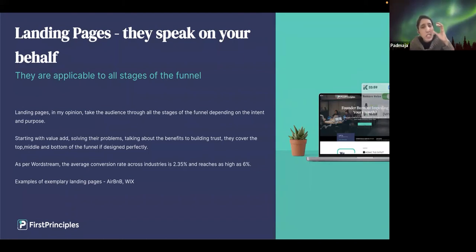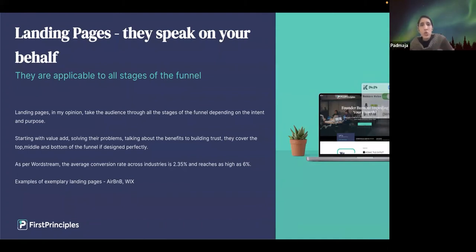The average conversion rate for landing pages, if you design it well and it answers all the questions, is about 2 to 3% and goes up as high as 6% on a lot of them. It's across the board. I've given examples here of Airbnb or Wix. If you see their landing pages, they give you exactly what they want, right?